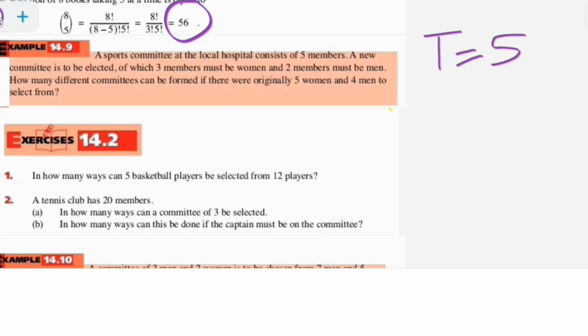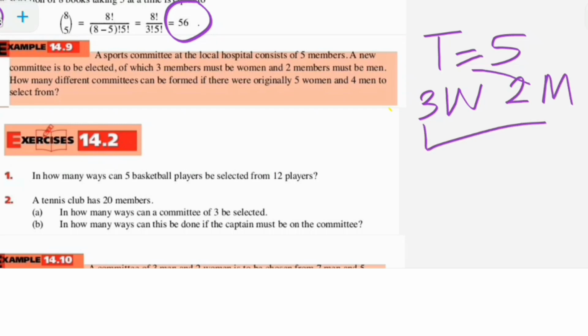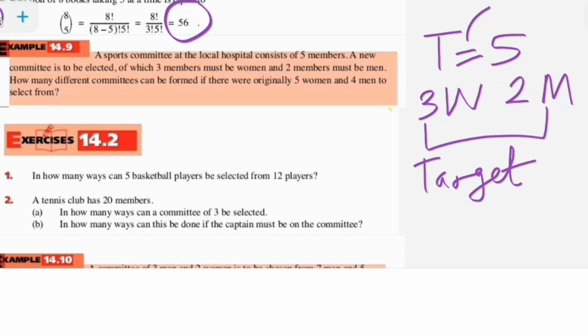Out of these 5 members, a new committee is to be selected, of which 3 members must be women and 2 must be men. So you need 3 women, 2 men. That's the committee that you want. This is your target. This is the committee that you're trying to form.